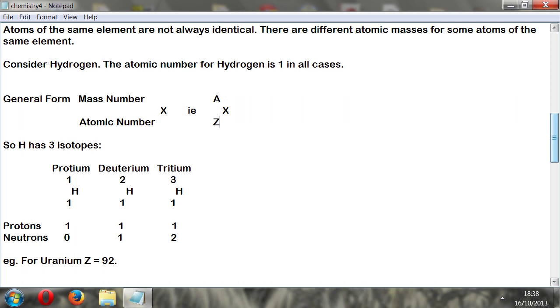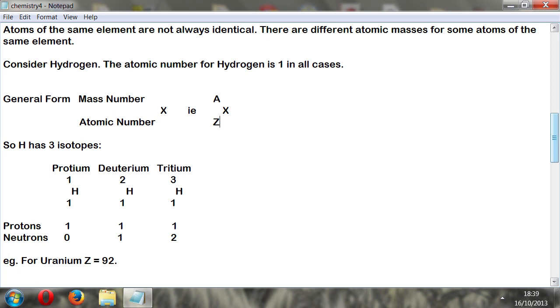Hydrogen has 3 isotopes: protium, deuterium and tritium. Protium has 1 proton, as denoted by the atomic number at the bottom, and no neutrons, so 1 plus 0 is 1, giving hydrogen-1.